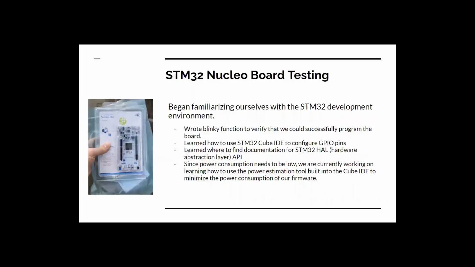This past week, we worked to familiarize ourselves with the STM32 development environment. I wrote a Blinky program to verify that we had successfully programmed the board. I learned how to use the STM32CubeIDE to configure the GPIO pins, which has a different system than I was used to from the Arduino development environment.